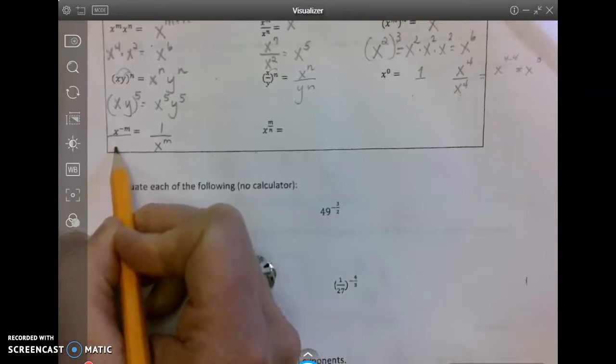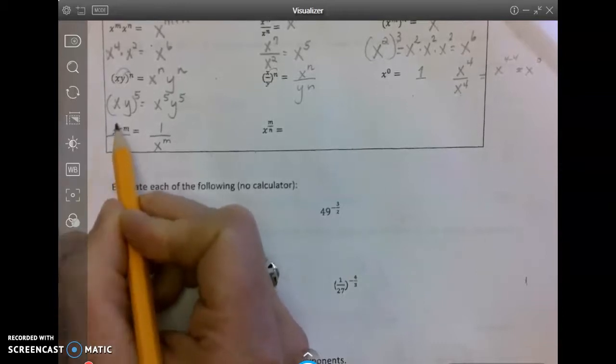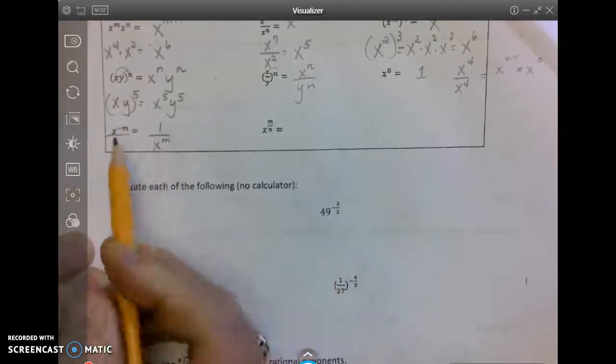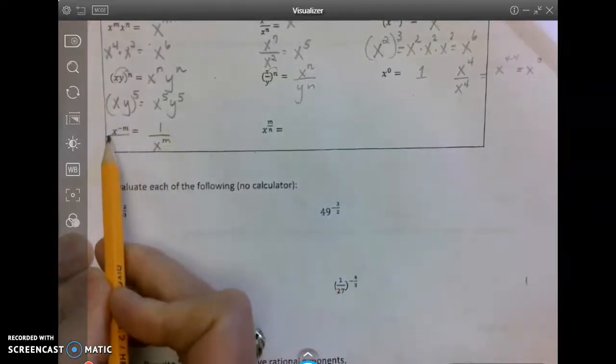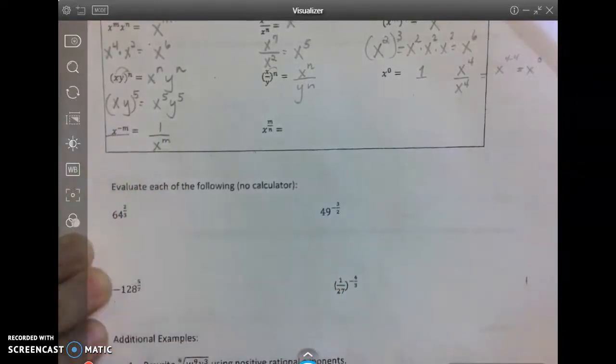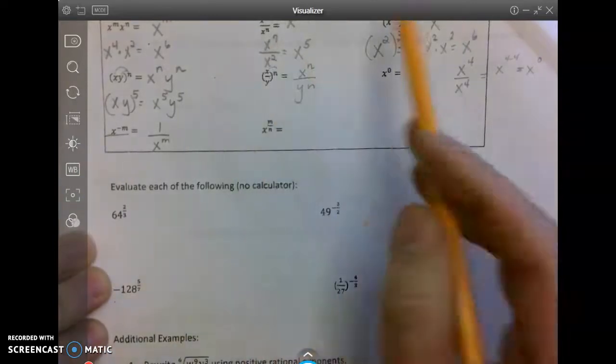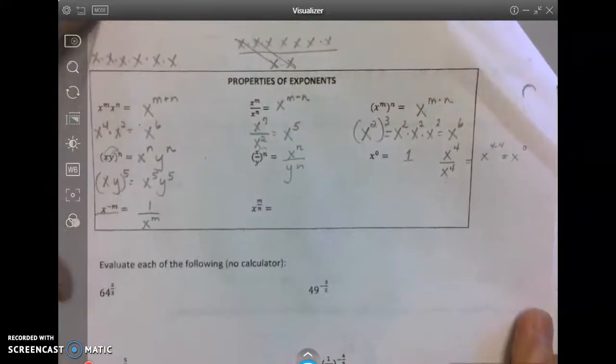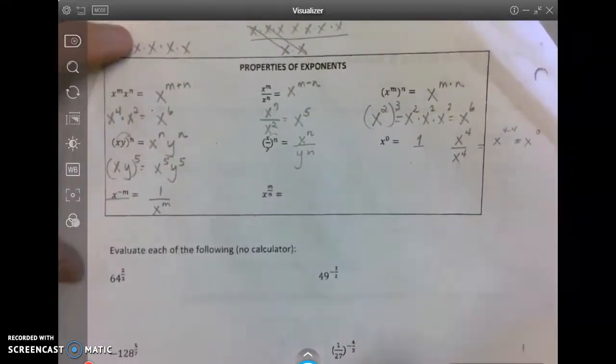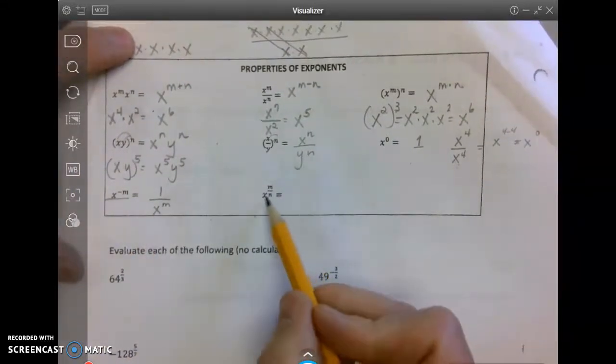If you're in the denominator and you're negative, you can move to the numerator and it becomes positive. So wherever the exponent is, if you cross the line, you change the sign of the exponent. Remember, these are not properties of integers, they're properties of exponents.